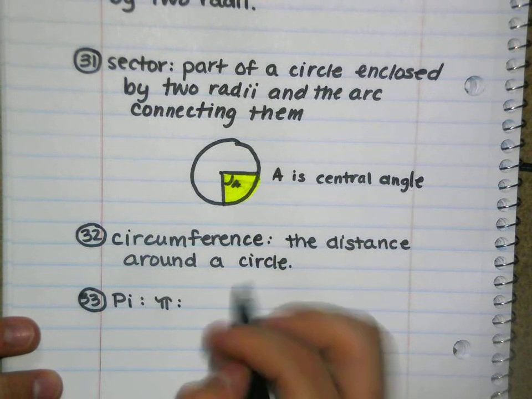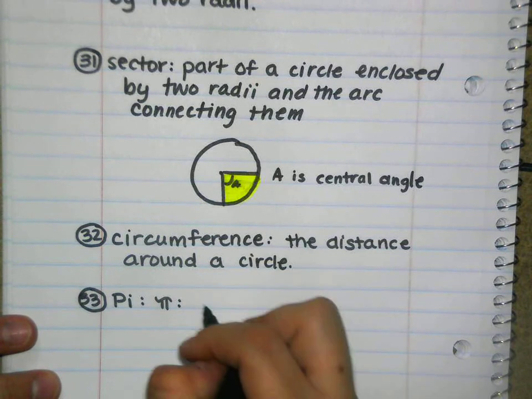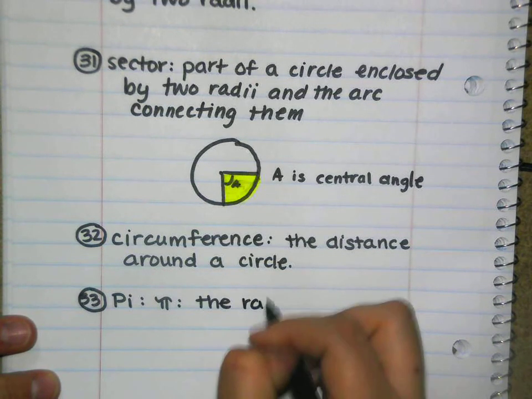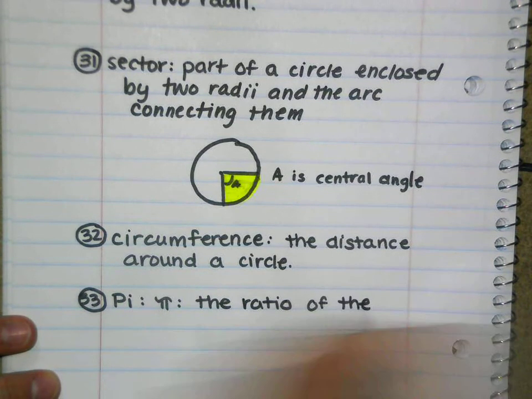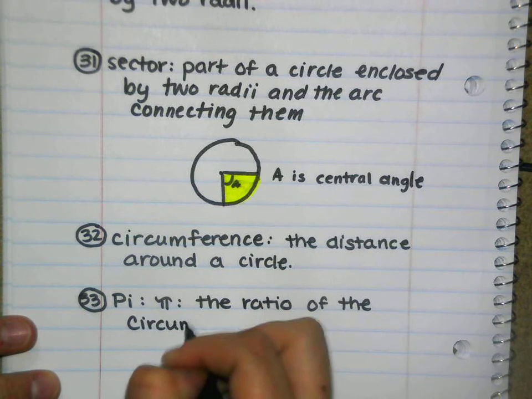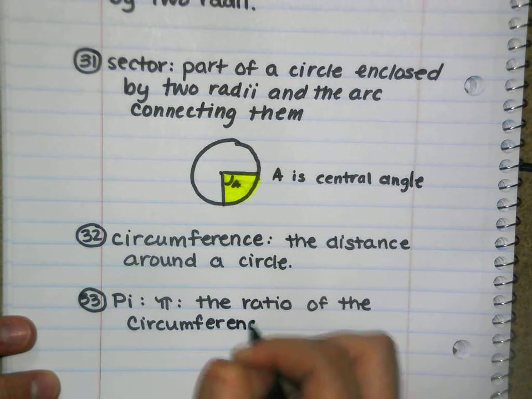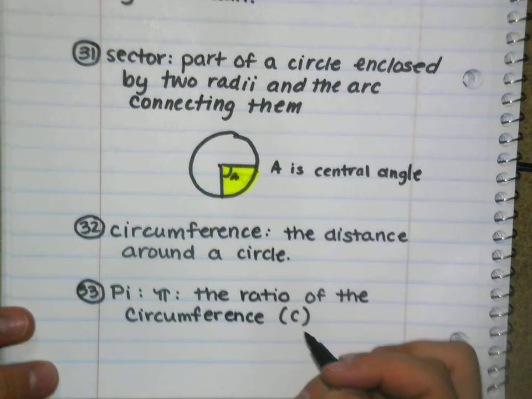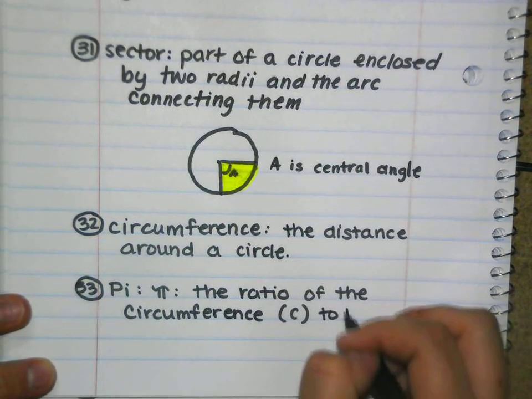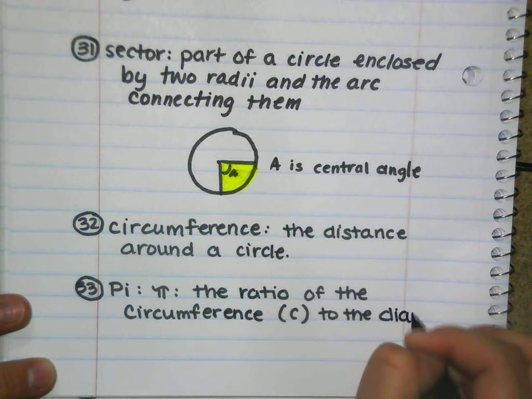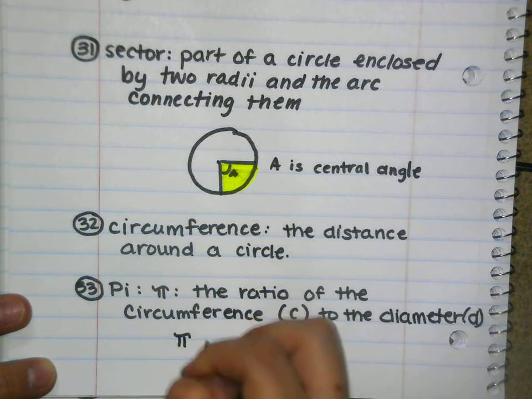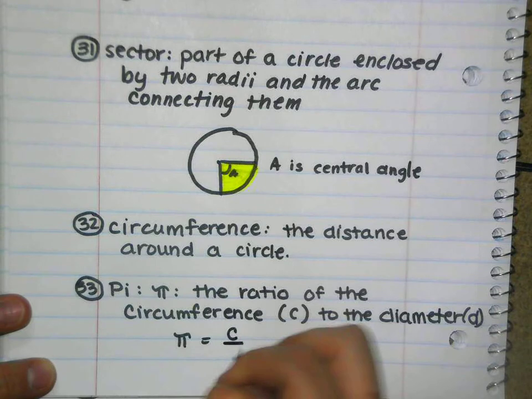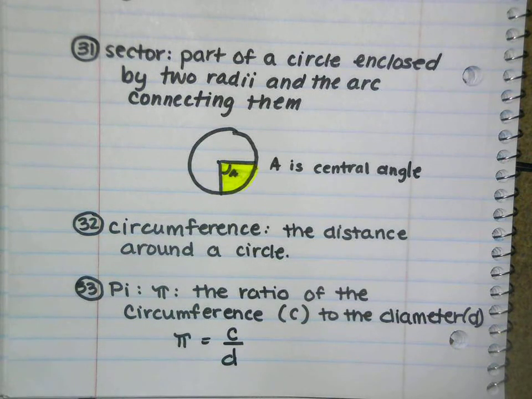Okay, and pi is the ratio, you should know what that means, of the circumference, and we're going to refer to circumference as C, to the diameter, and we would refer to diameter as D. So pi is equal to circumference over diameter. Okay, and we're going to be really going through that quite a bit during this whole thing.